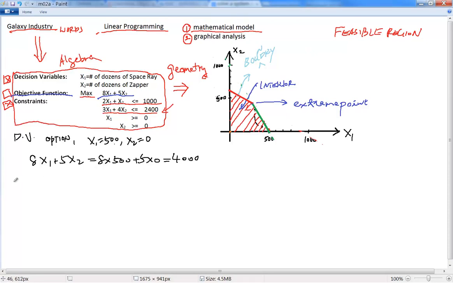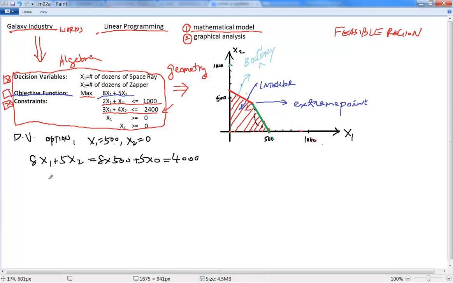Now the question I have for you is, are there any other options or production plans that can also produce a profit of 4,000? To answer that question simply requires us to get rid of the middle part.